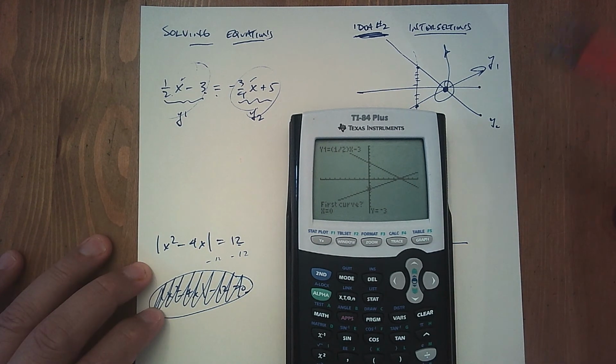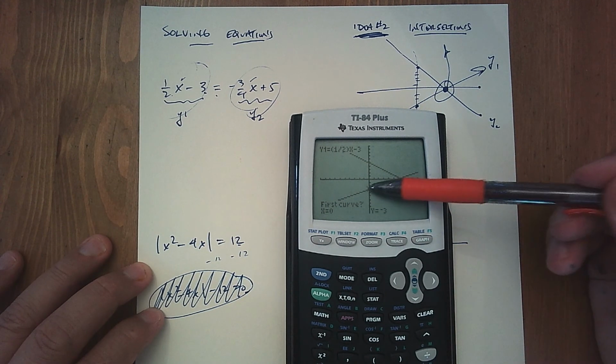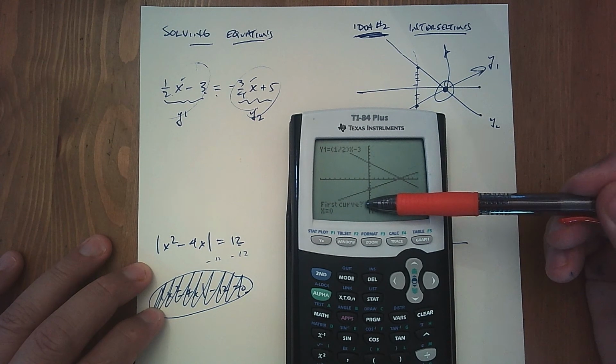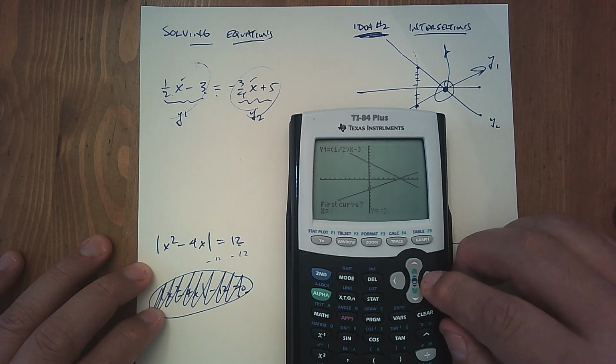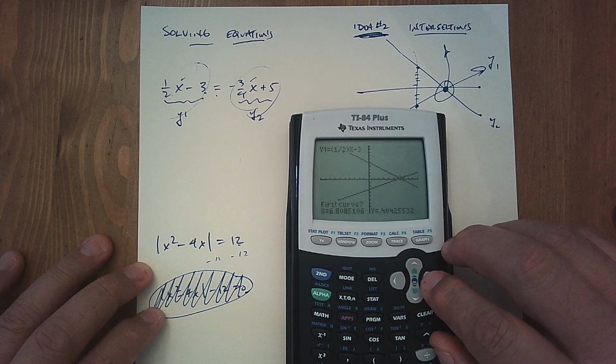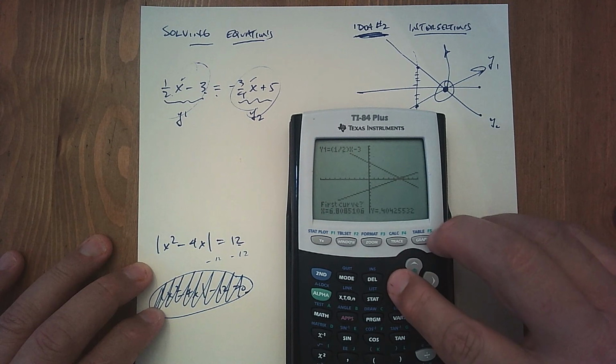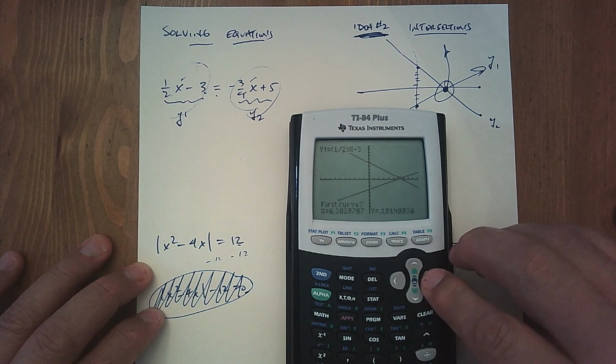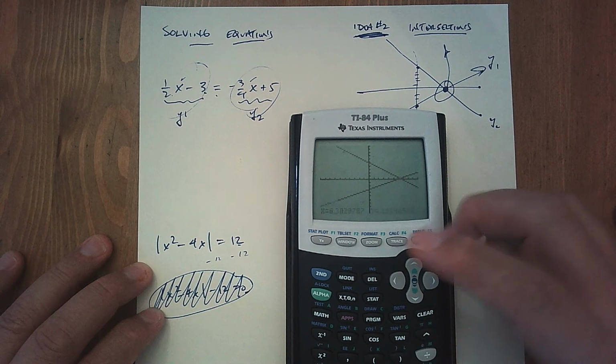So you'll notice that my cursor is on the first curve. So what you want to do, right, at y1, is move your cursor as close to that intersection point as you can, because we're going to try to give the graphing calculator somewhat of an estimate of where that intersection point is. So how about I just say right there.